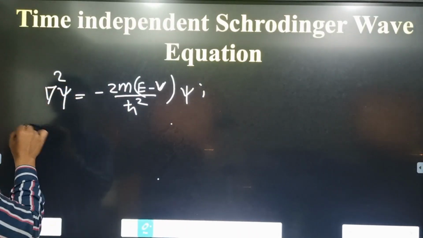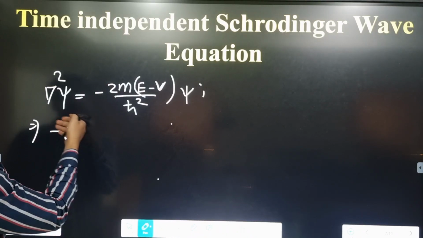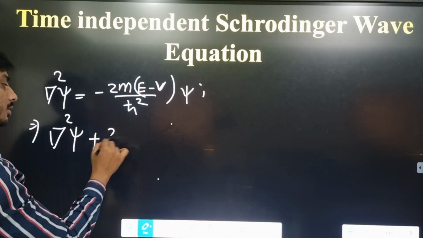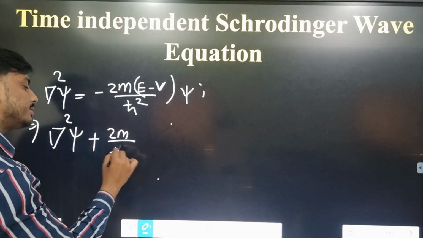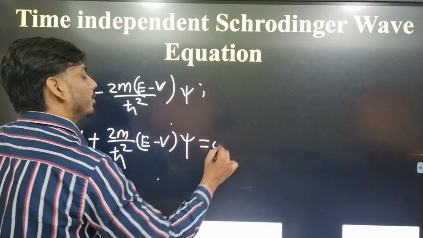So minus h cross square, you can cross multiply this term, or directly take it to the left side: del square psi plus 2m by h cross square into E minus V psi equal to 0.